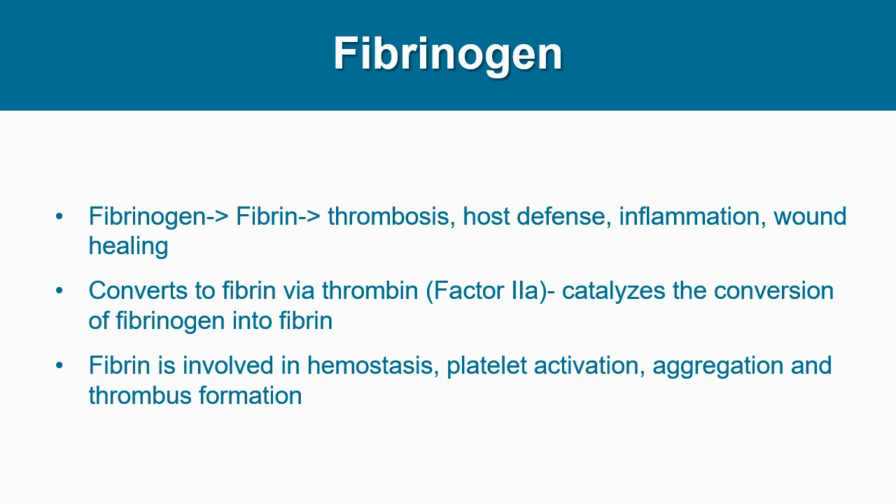Now, fibrin structure has mechanical properties that are modified by genetic and environmental factors. Fibrinogen or fibrin, we kind of clump them together, also contribute to thrombosis, inflammation, and wound healing. So during coagulation, fibrinogen converts to fibrin.